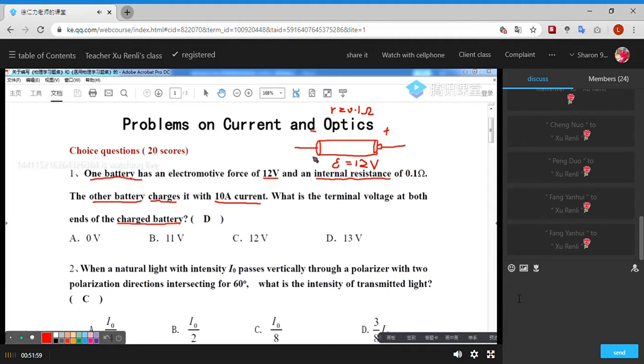If we want to charge this battery, what is the direction of the current? Is the current from right to left or from left to right?